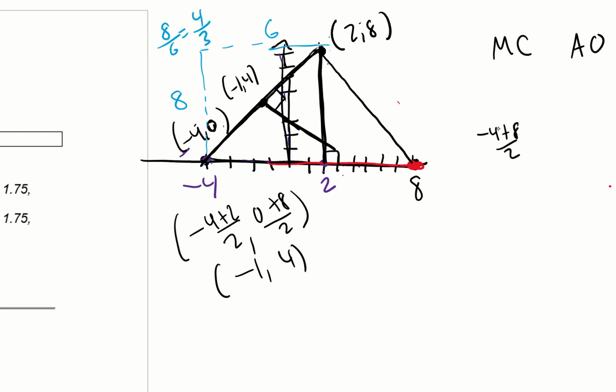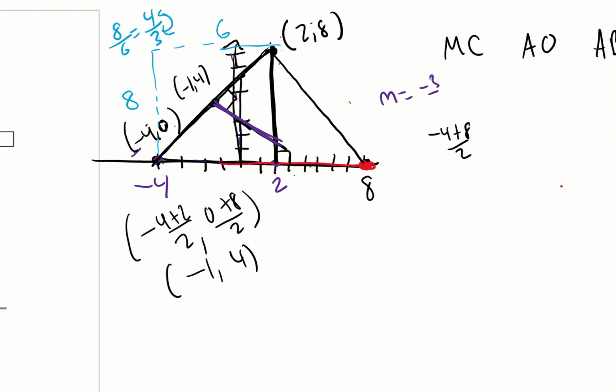Now, the perpendicular slope is going to be the opposite reciprocal, so it's going to be -3 over 4. So the slope of this purple line, I'm going to do it as purple, is -3 over 4.